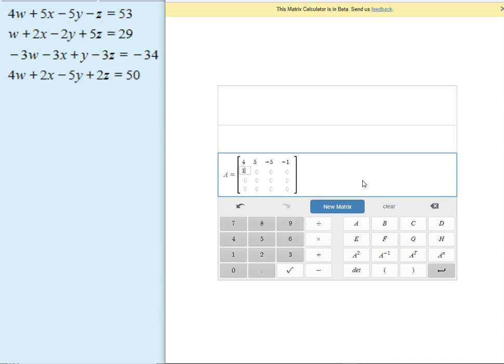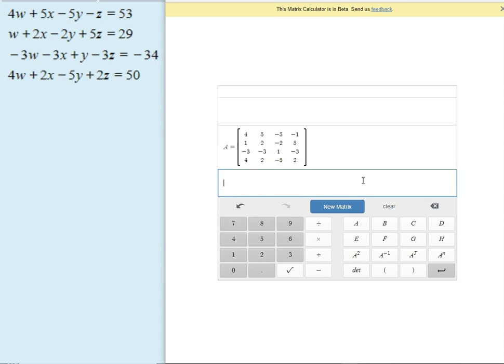Then I get 1, 2, -2, 5, and then I get -3, 1, -3, and then I get 4, 2, -5, 2. Correct? Okay, hit enter. So there's A.